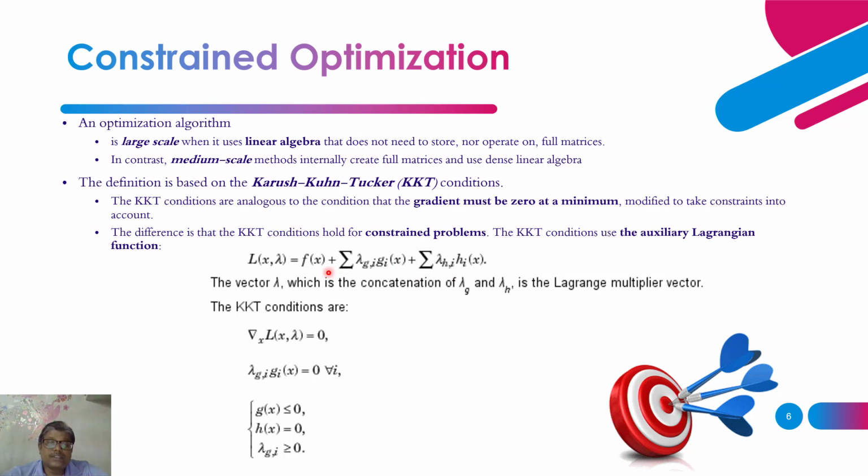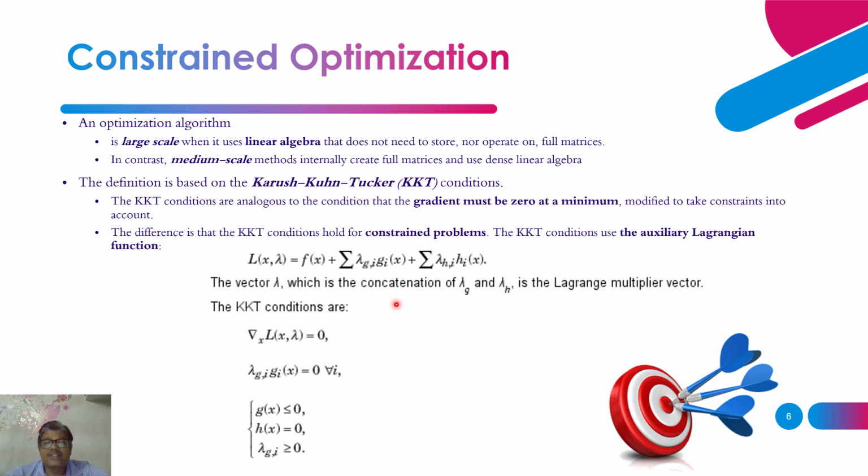The summation of all these products is added to the objective function, and that forms a new function called L of x comma lambda, where the vector lambda is the concatenation of lambda g and lambda h. Lambda g and lambda h are nothing but Lagrangian multipliers.